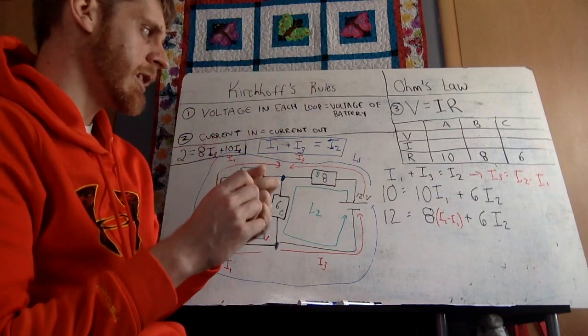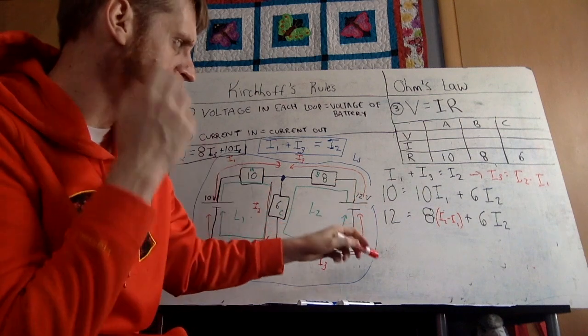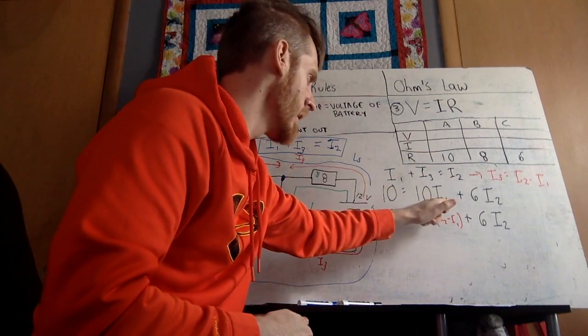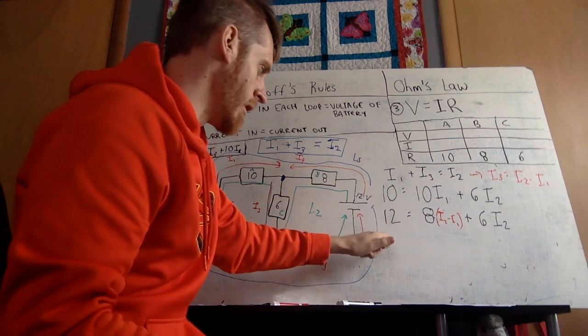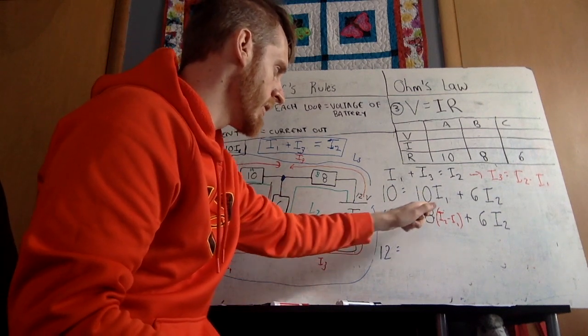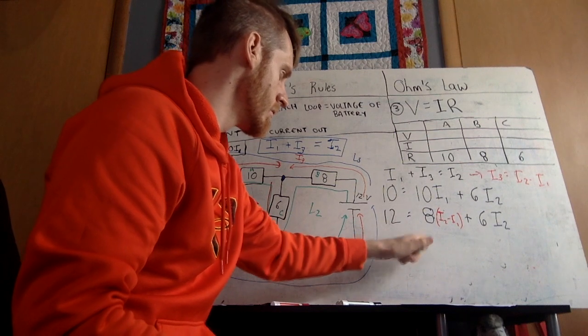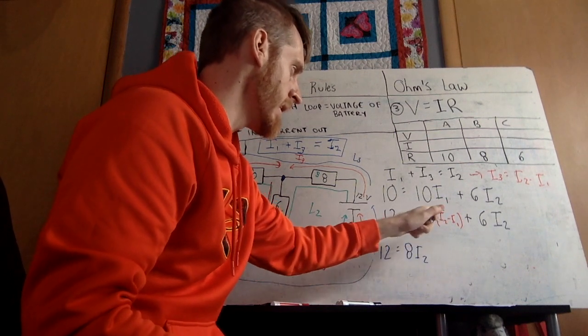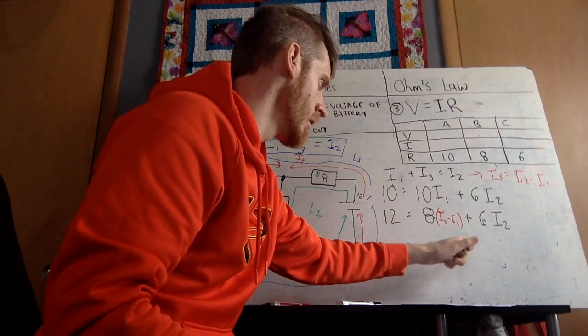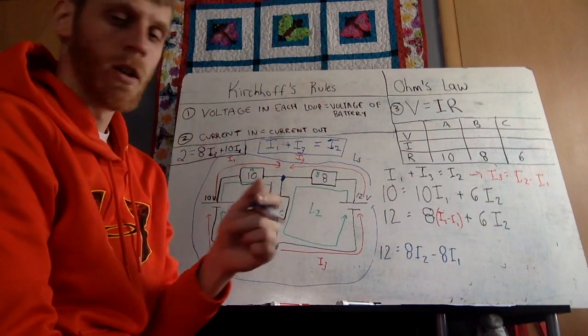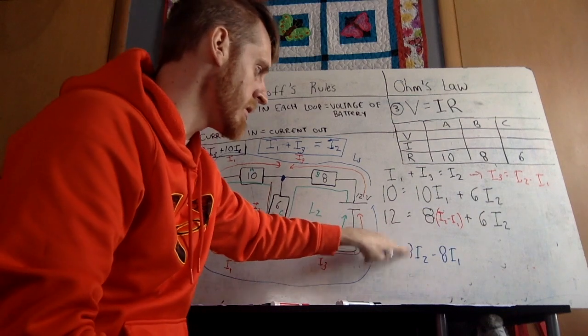So down here, let's rework that third equation, see if we can clean it up a little bit. So now we have 12, that didn't change, equals 8I2 minus 8I1 plus 6I2. So 8I2 plus 6I2 is 14I2.